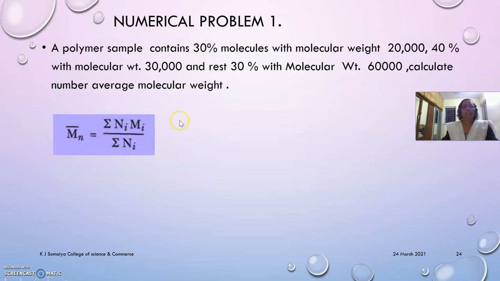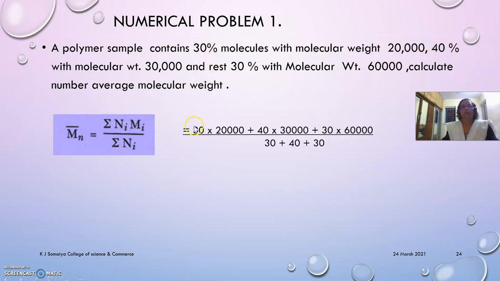Our strategy is we start with the formula for number average molecular weight, which is Mn bar equal to summation of Ni Mi upon summation of Ni. So in place of the number of polymer molecules, we will take these percentages 30%, 40% and 30%.